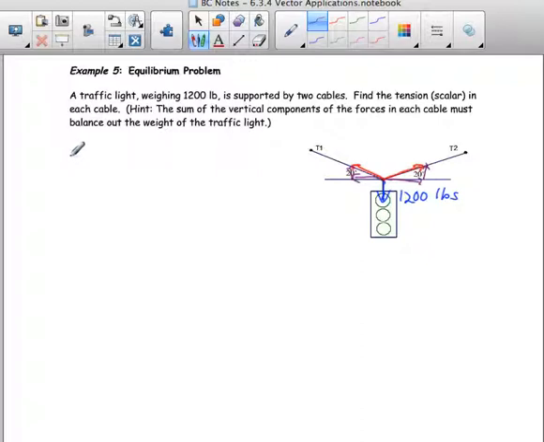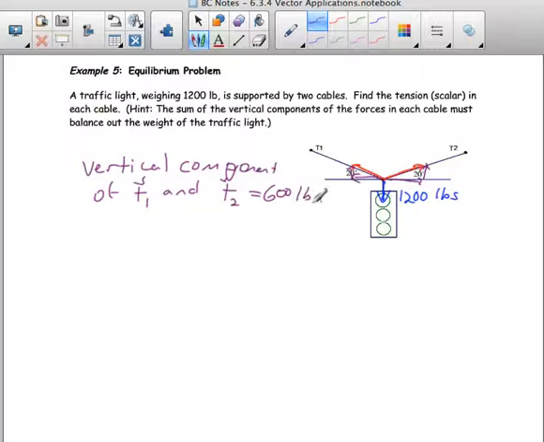So we can say that the vertical component of vectors T1 and T2 are both equal to 600 pounds. They're equal and both equal to 600 pounds. So I know that this vertical component here is 600 pounds for each of T1 and T2.